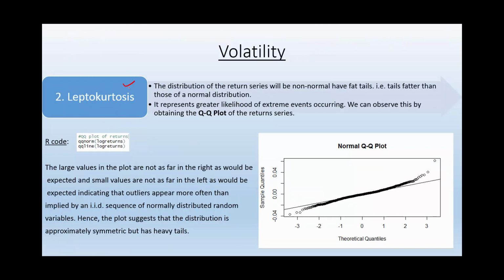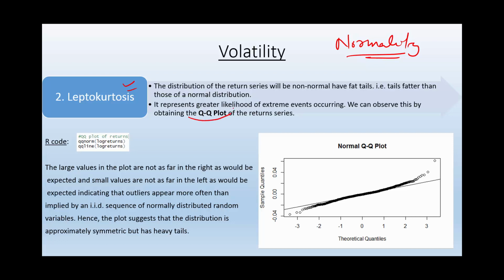The series is leptokurtic. Leptokurtic is nothing but deviation from normality. If a distribution is kurtotic, it is not normally distributed, either left or right.